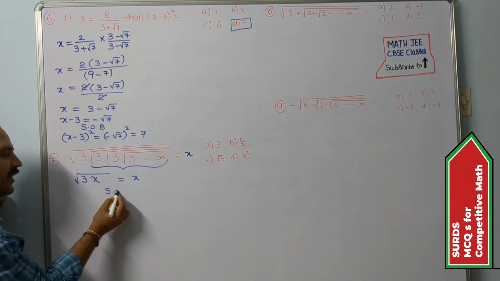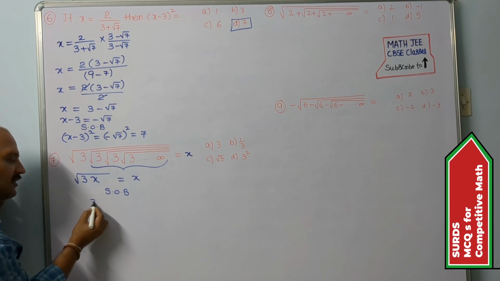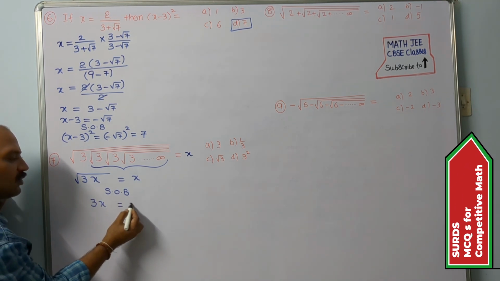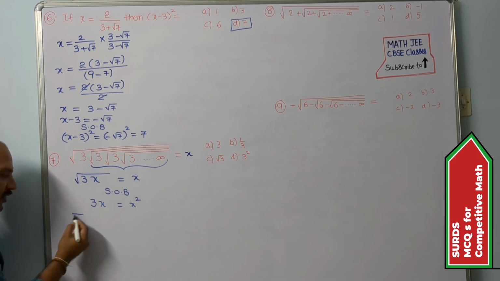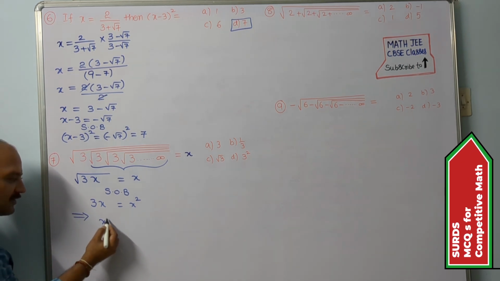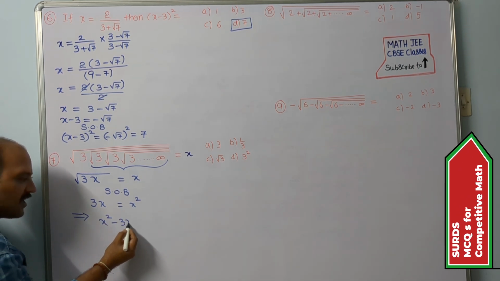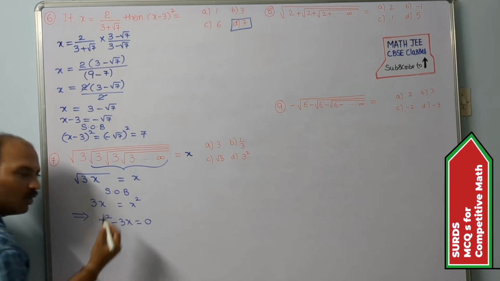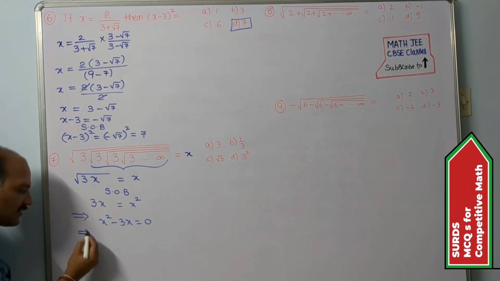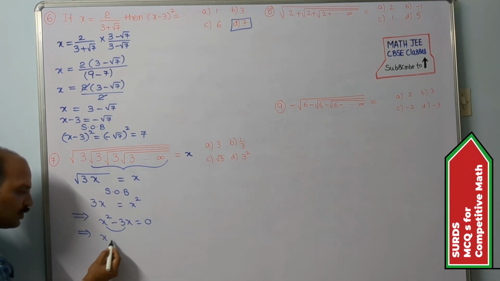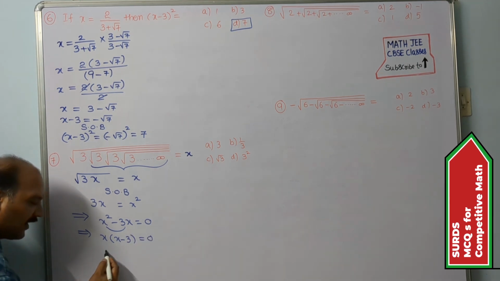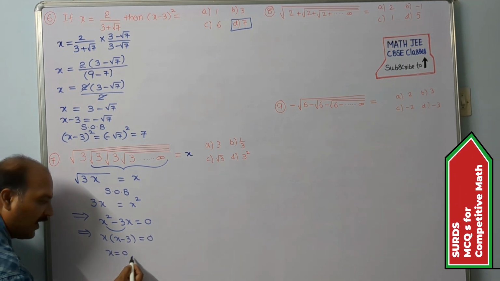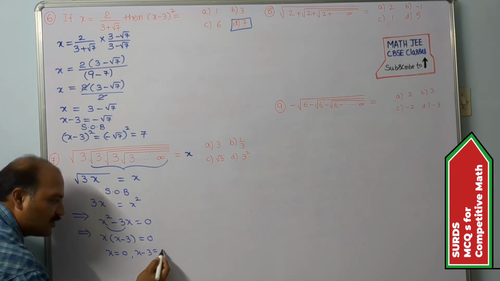Squaring on both sides, you will get 3x is equal to x square. This 3x, bring that side. That implies x square minus 3x is equal to 0. From this, take x common. x into (x minus 3) is equal to 0. x is equal to 0 and x minus 3 equal to 0.